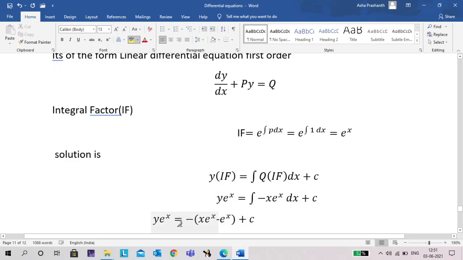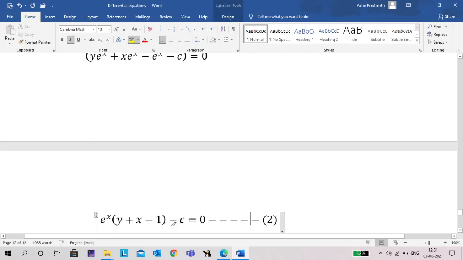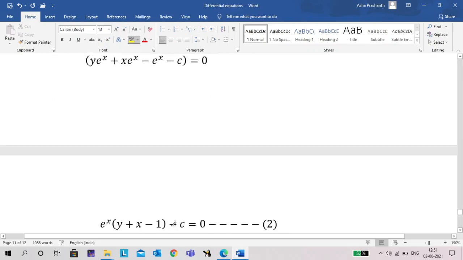I have to write it in one term, so I am taking this to this side. I get y e power x, x e power x minus e power x minus c is equal to 0, since the minus is applicable to all the terms. All three terms have e power x as a common term, so I take it outside: y plus x minus 1 minus c is equal to 0.